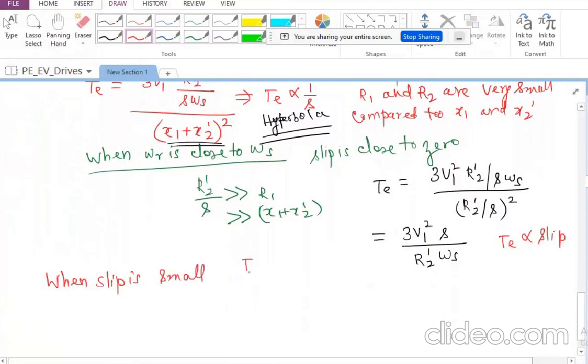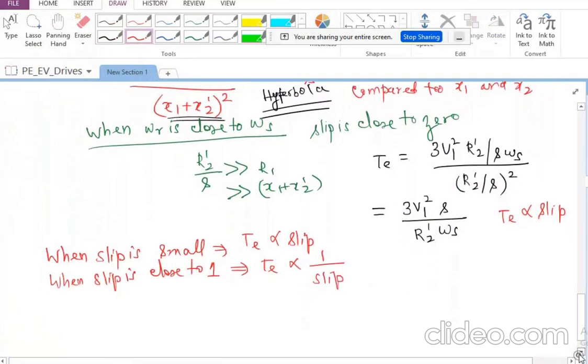We are going to have Te proportional to slip, and when slip is close to 1, under such a condition, Te is proportional to 1 by slip.